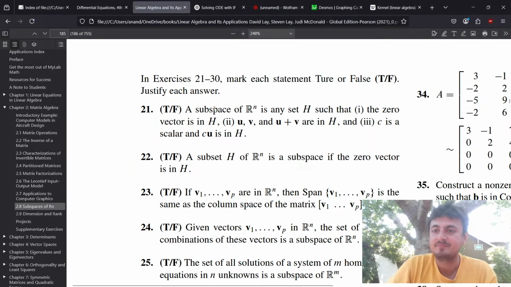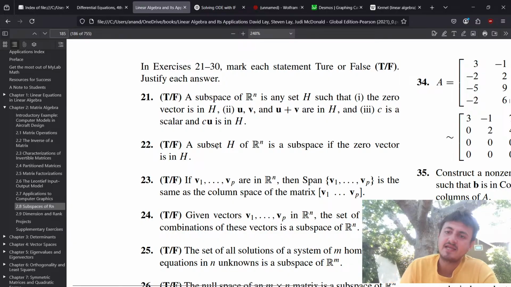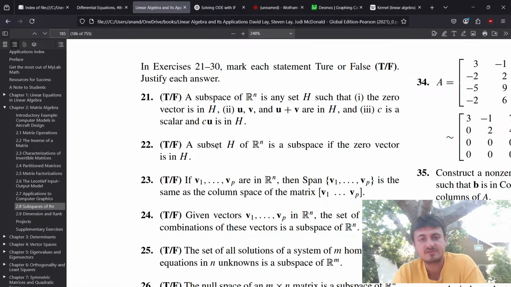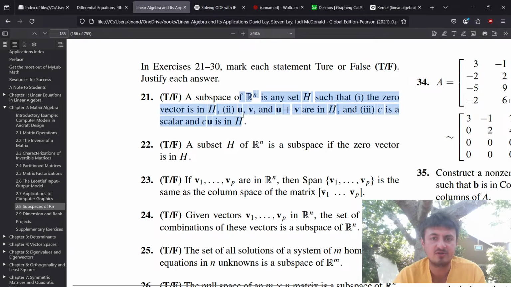All right. A subspace of Rn is any set H such that the zero vector is in H... The reason I'm going to say this one is false is because it doesn't anywhere specify that the elements of H are in Rn.